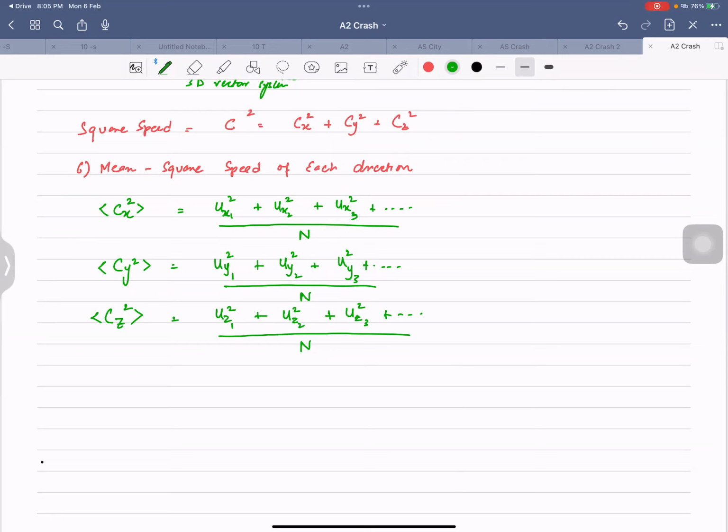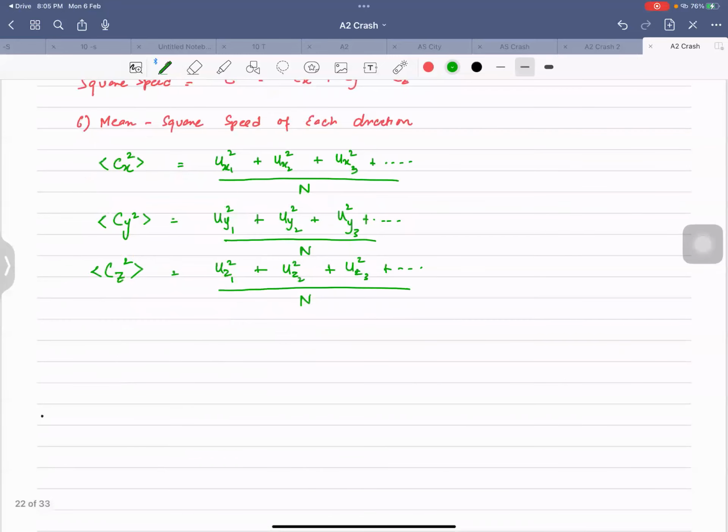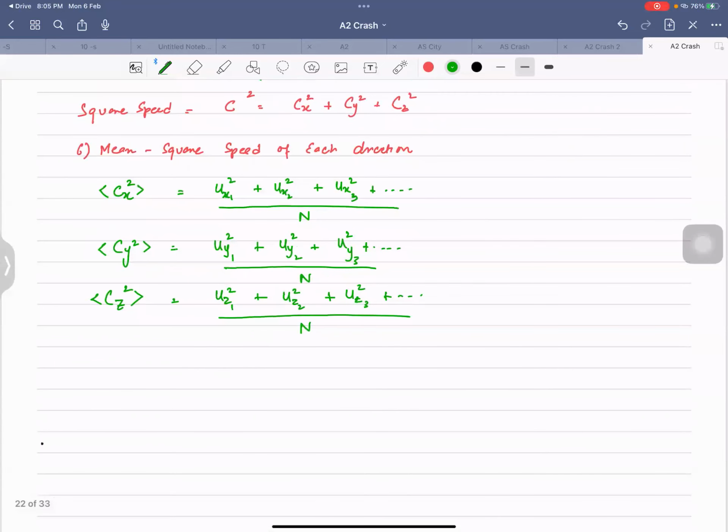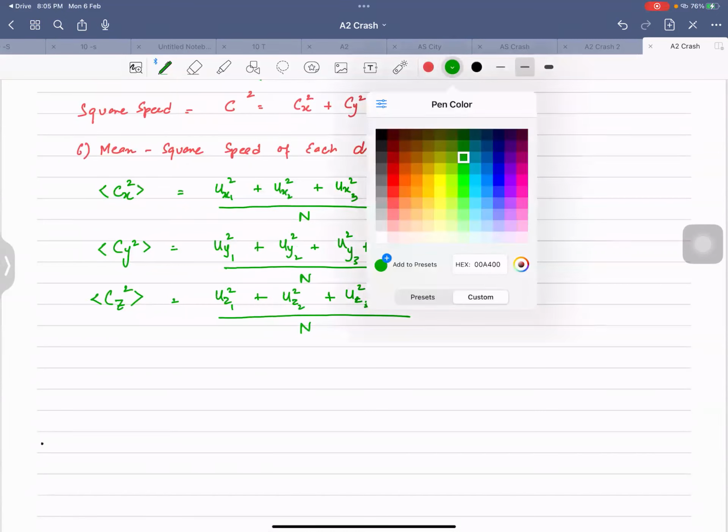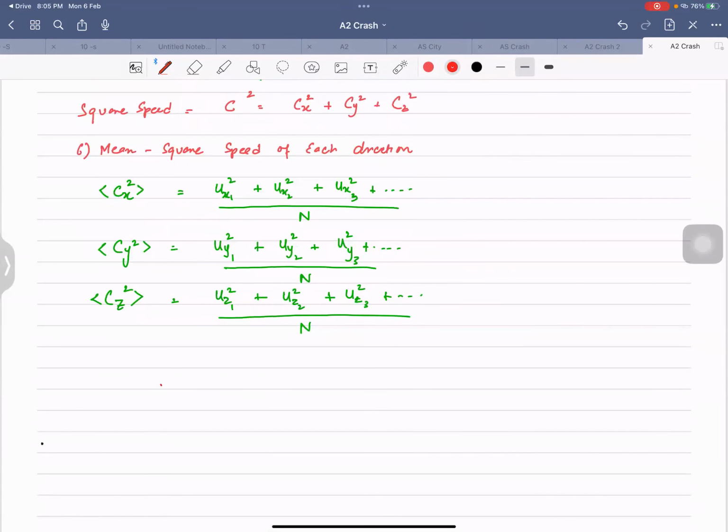Now, the only thing that is left, and that we need to understand, is a very important factor. We need to remember that the mean square speed of all of them is equivalent to the mean square speed in the x direction, plus the y direction, plus the z direction.